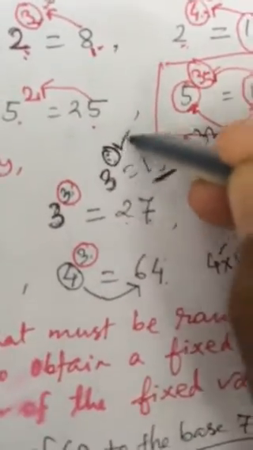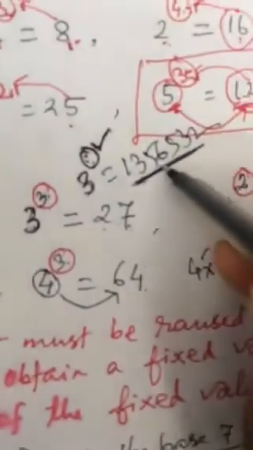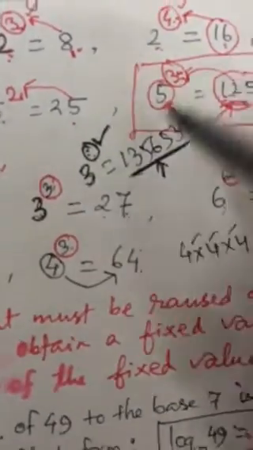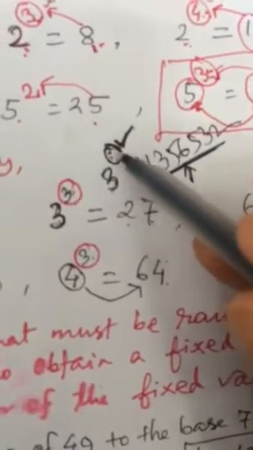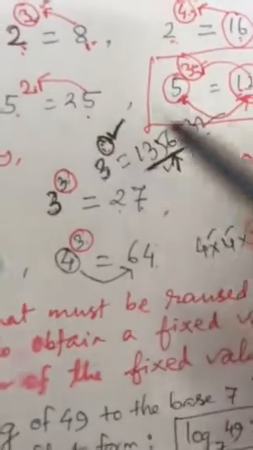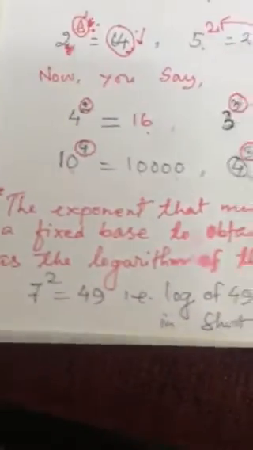This value is called the log of this number. Now how to obtain the log? Here log is needed. Without log you cannot calculate this value. To find what exponent must be raised here to obtain this value, we must understand logarithm. So my dear students, I have got one definition.